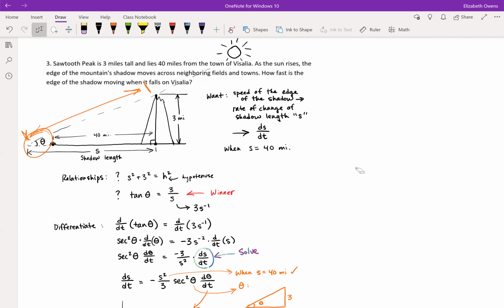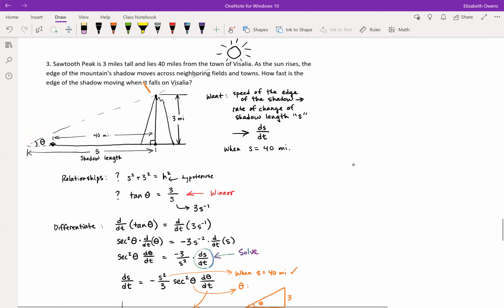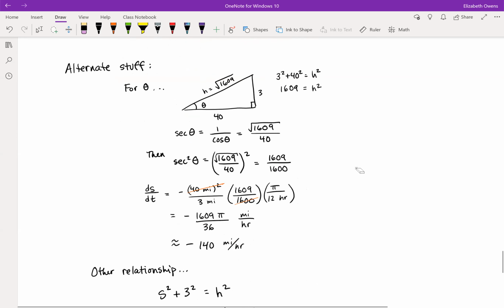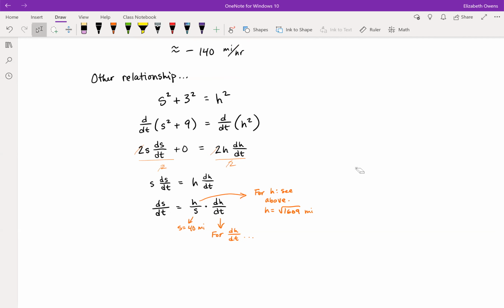So if you want to play around with that again, let me know if it works out nicely. But at this stage, I think we would probably need to use theta anyway, in which case we could just go back to the previous method of solution.